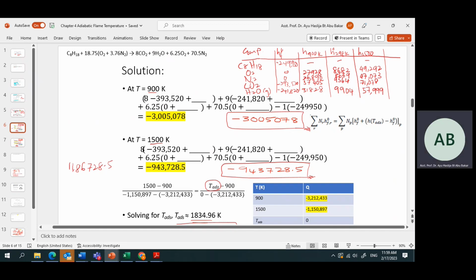The heat of formation for 393. 393, right? 393.